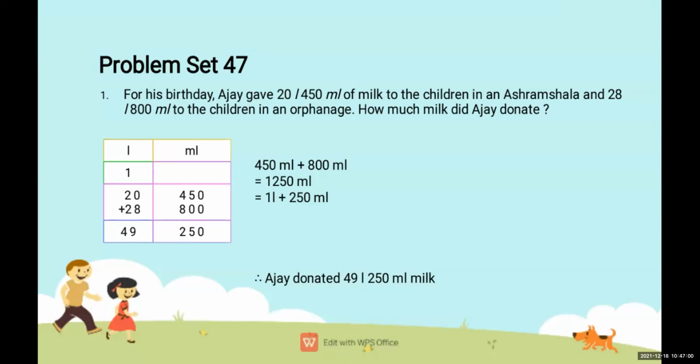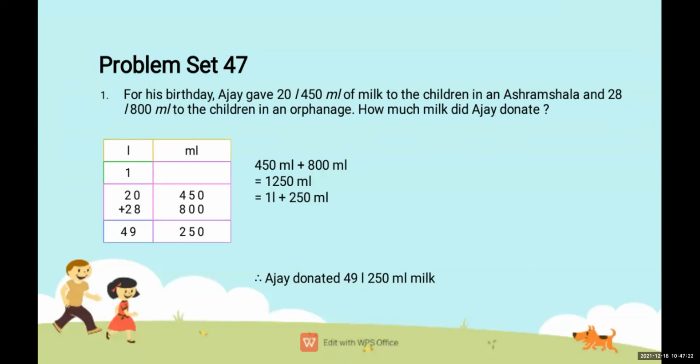See, Ajay ka birthday tha, so he has given milk to the children in ashram shala. How much milk has he given? 20 liter 450 milliliter. Then what happened? Then 28 liter 800 milliliter to the children in an orphanage.